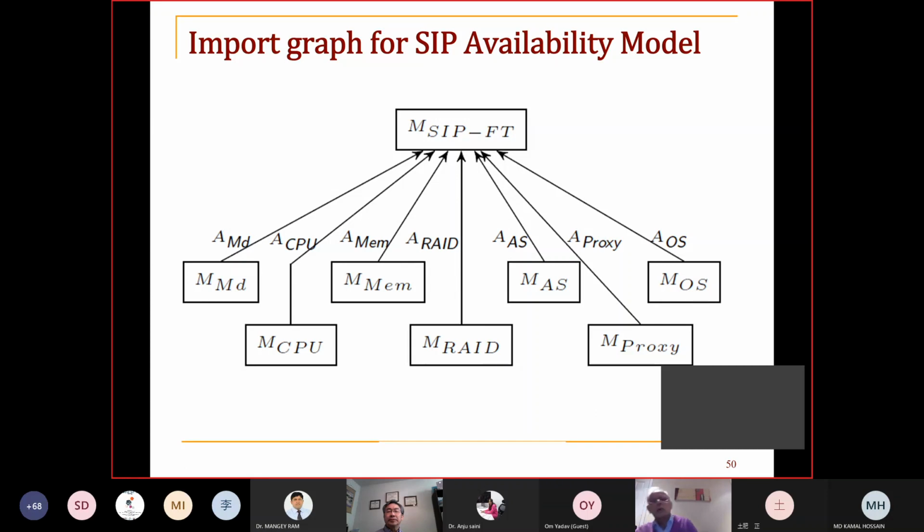That is, after solving a submodel, for example, the mid-plane model was solved, and the answer, which is the availability of the mid-plane subsystem, was sent to the top-level fault tree as an input parameter. So this arc indicates one model computes something, and its output is given as an input parameter to another model. Such graphs we call import graphs. So multi-level models need such graphs.